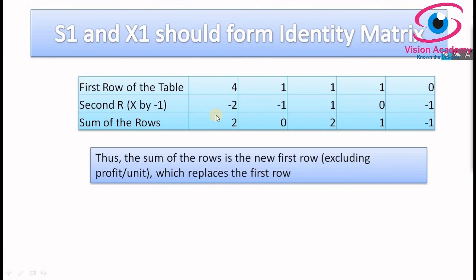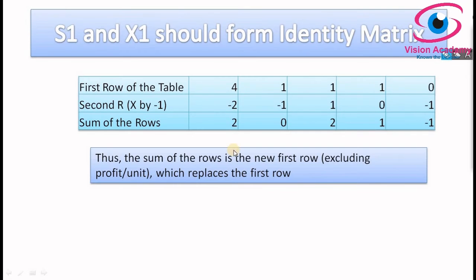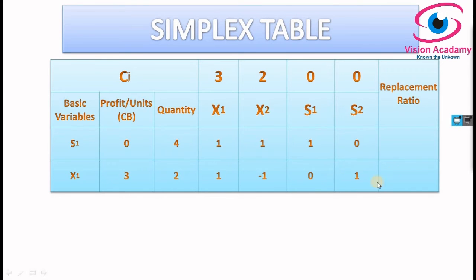The second row is multiplied by -1, which means 2 into -1 is -2, 1 into -1 is -1, -1 into -1 is +1, 0 into -1 is 0, and 1 into -1 is -1. So the second row multiplied by the negative of the key element, that is by -1, gives -2 -1 1 0 -1.